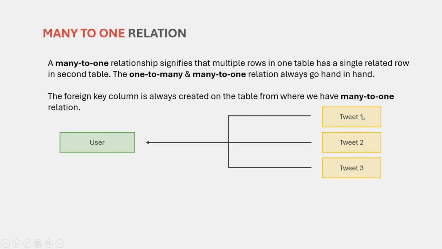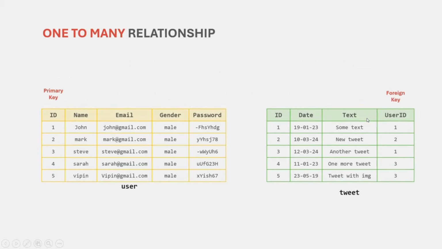So the foreign key column will be created in the tweet table. The tweet table will store the user ID of the user who has made the tweet. So since from tweet to user we have many-to-one relationship, the foreign key column will be created in the tweet table. And here you can see the example of that.